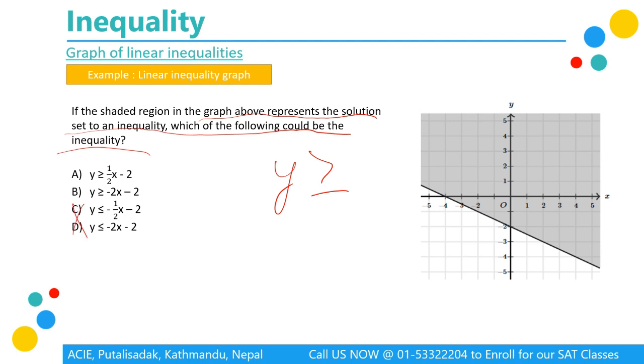Now we have to take the help of the slope itself, किनकि as we can see, the y-intercept is the same in both of them. Now going on over here, let's look at the slope itself. Over here we have studied agadi pani that if from left hand side to right hand side the line is in increasing format, then that is a positive slope.